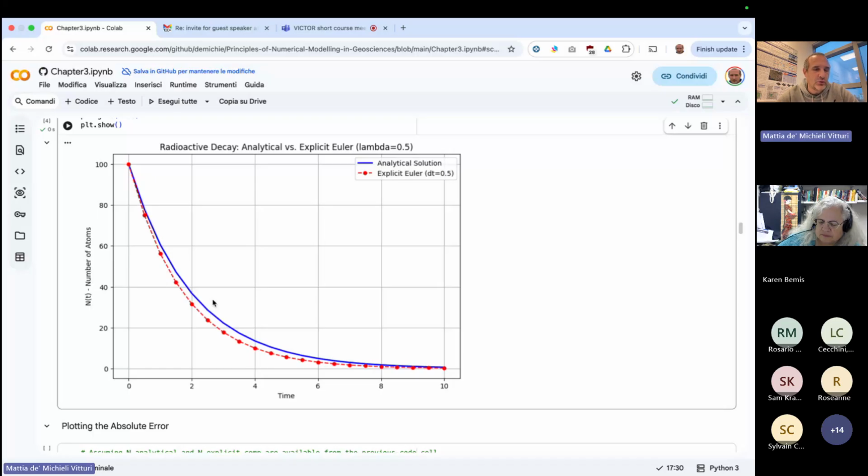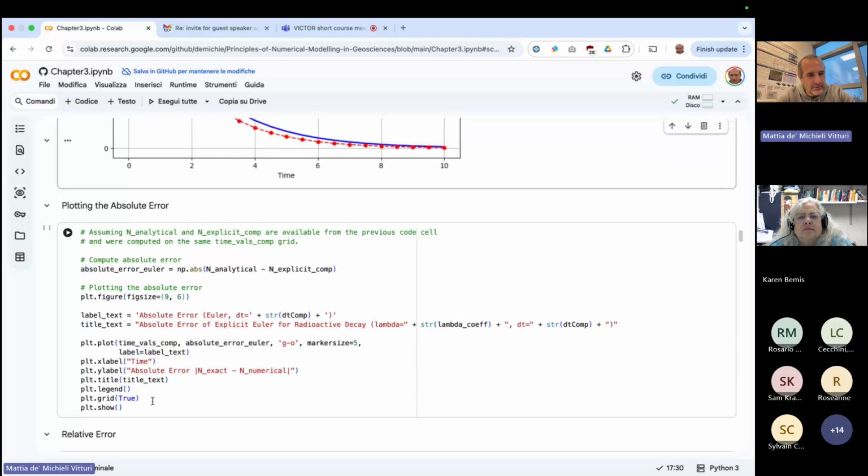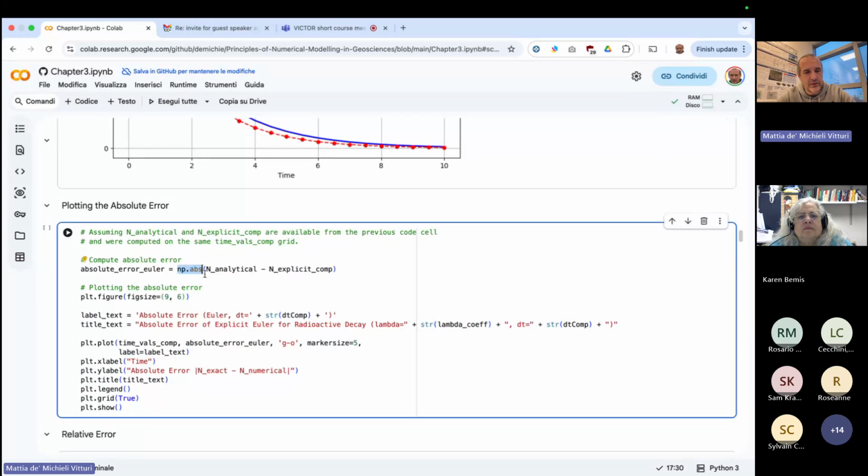So we don't want just to plot the two solutions, but it's interesting also to plot the difference, so the absolute values of the difference between analytical and numerical solution. And so this is what we do in the next script, where we plot the absolute value of the difference between analytical and numerical solution computed with the explicit scheme.